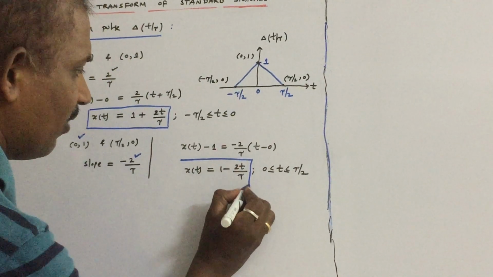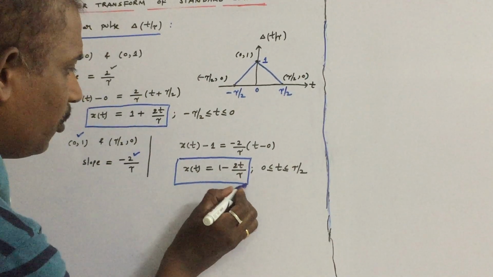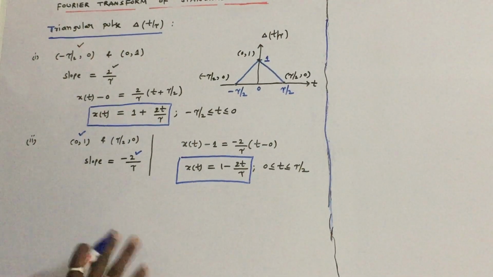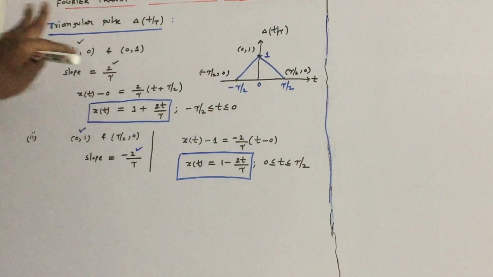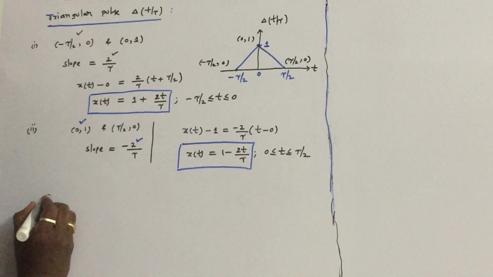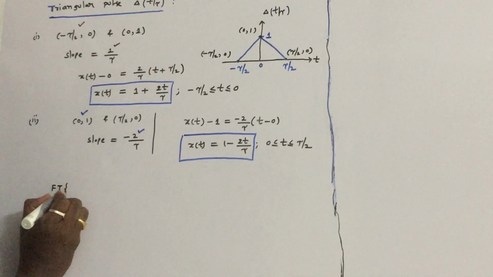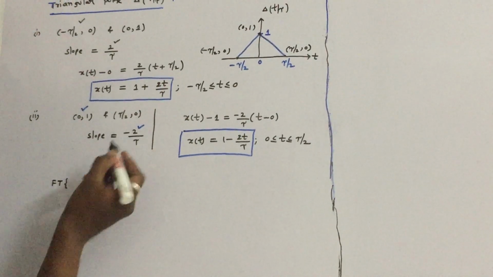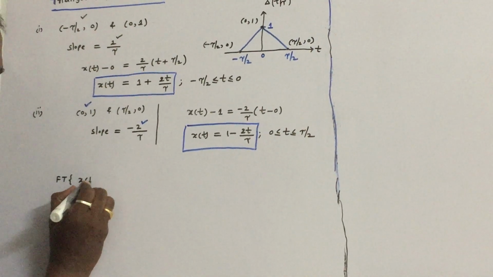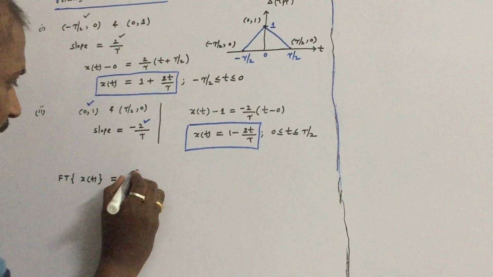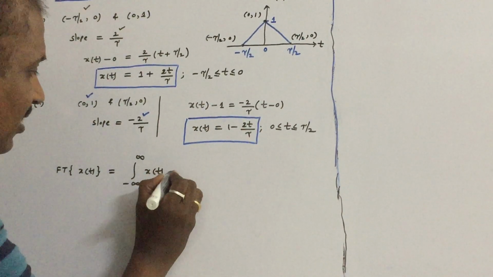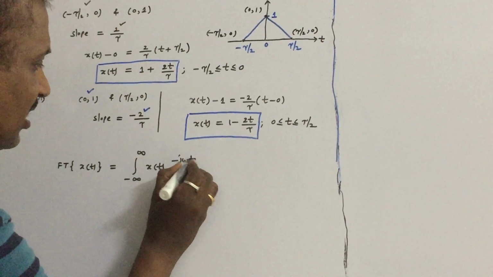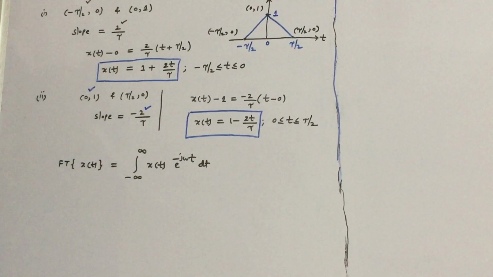Once you find the equations of the straight lines, we can substitute them in the definition of the Fourier transform. The rest is the integration part. Very important for competitive exams, the triangular pulse. Let us call Δ(t/τ) as x(t). First let us substitute in the definition: integral from minus infinity to infinity of x(t) e^(−jωt) dt.